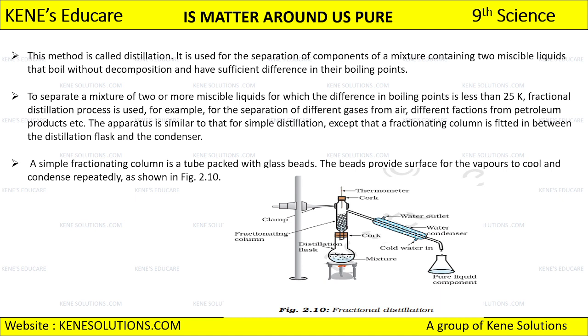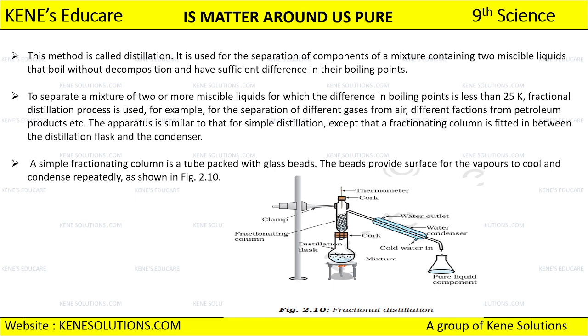A simple fractionating column is a tube packed with glass beads. The beads provide surface for vapors to cool and condense repeatedly. Now if you can see the fractionating column, it is going to have small beads in it, and the reason for having those beads is that there will be small gaps in between as well, so they provide surface for vapors to cool and condense repeatedly.